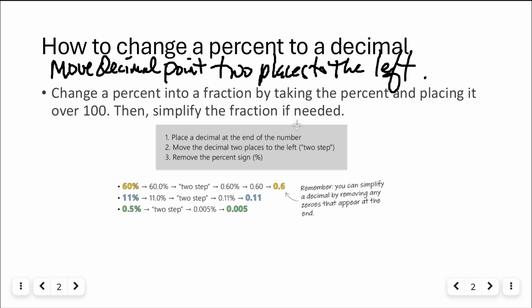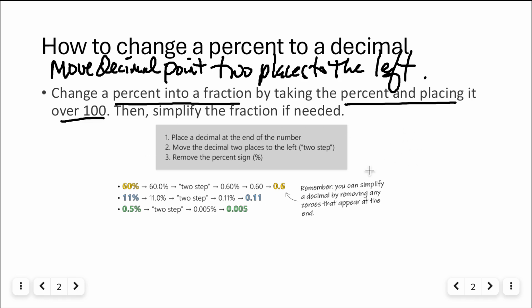If you want to change a percent into a fraction, take the percent and put it over 100. Then simplify that fraction.